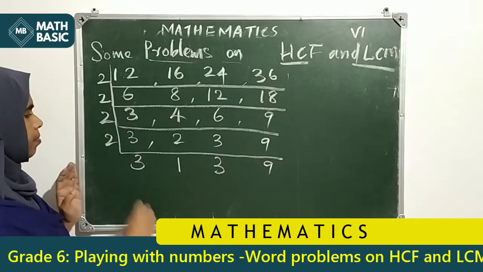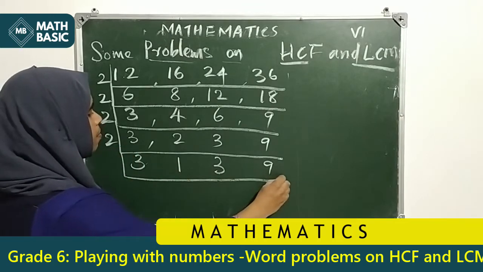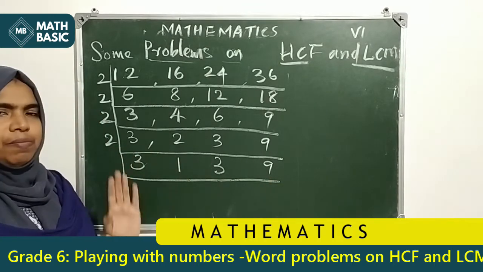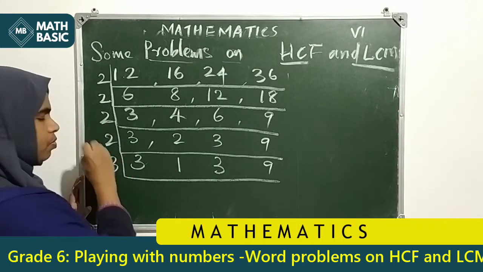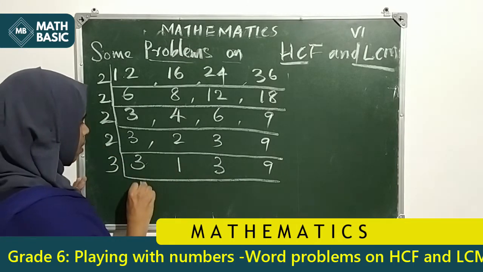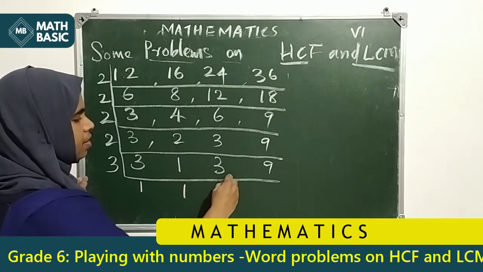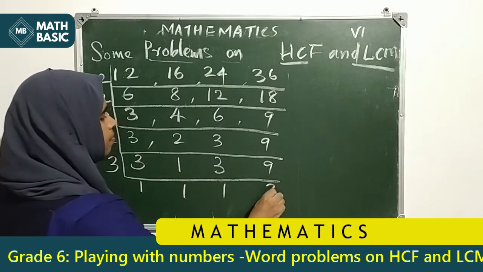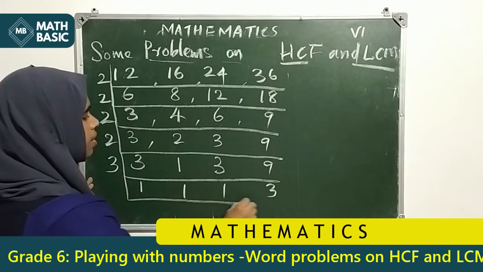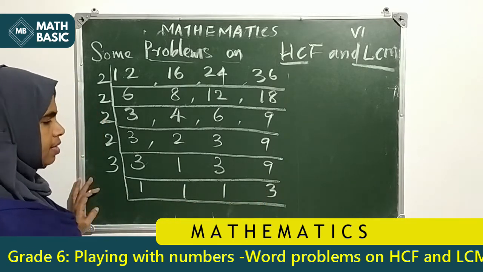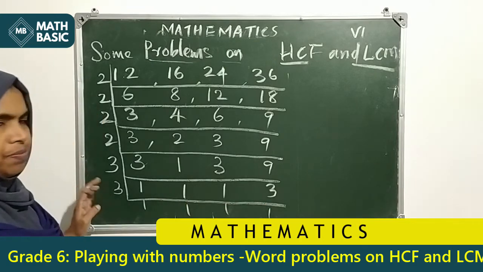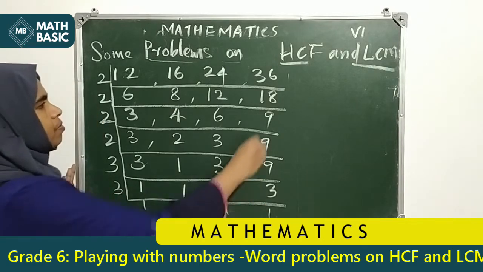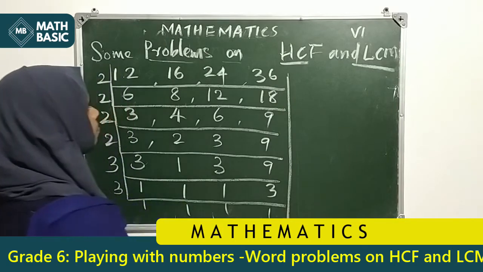In this, no even numbers; all numbers are odd. So take the next prime number 3: 1, 1, 1, 3. Again only one number, that is 3, so we can divide by 3. Okay, this is over.